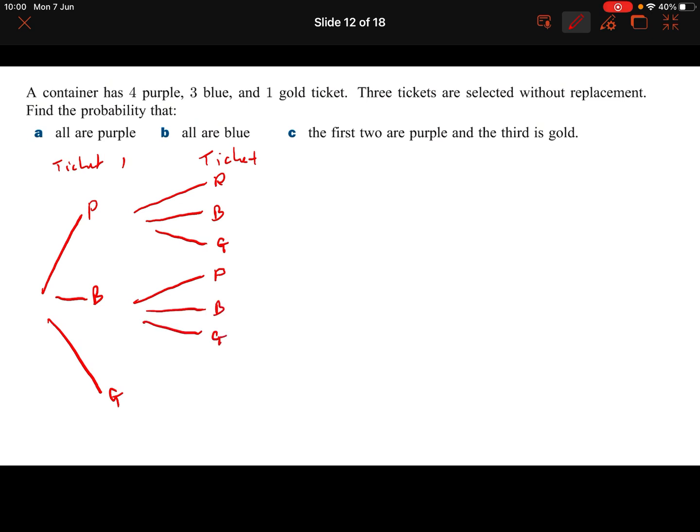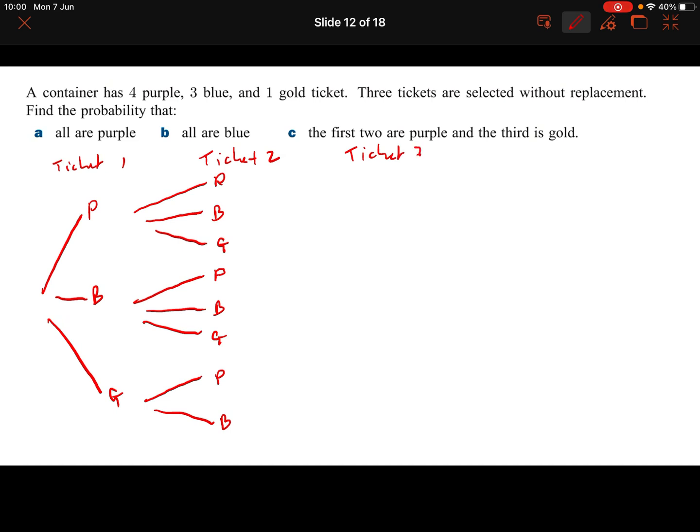But notice there's only 1 gold ticket. So if I pick gold ticket first, I can only actually pick purple or blue, because there will be no gold ticket left because I'm not putting them back. And now, this is a nightmare because I've also got ticket 3.